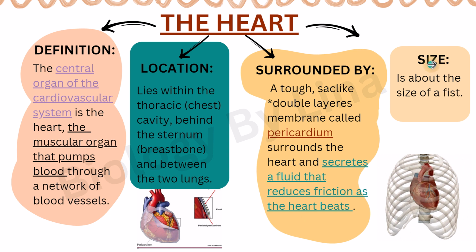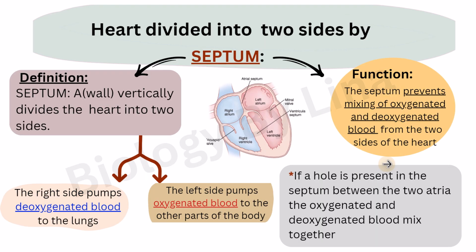What about the size of the heart? It's about the size of a fist. The heart is divided into two sides by the septum. The septum is the wall that vertically divides the heart into two sides, left and right.